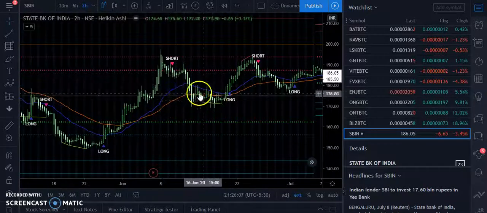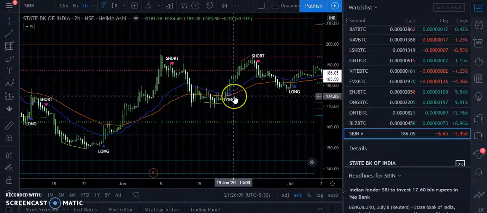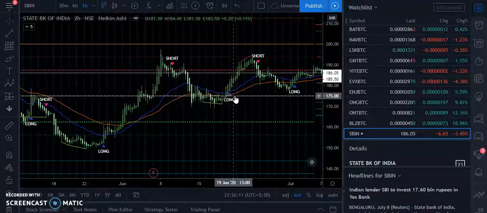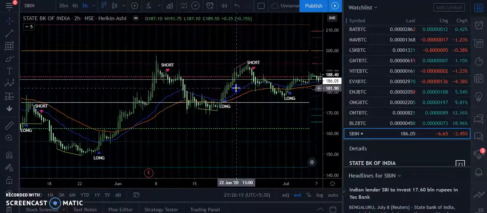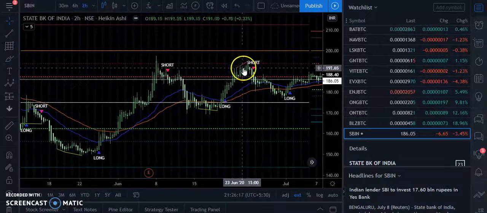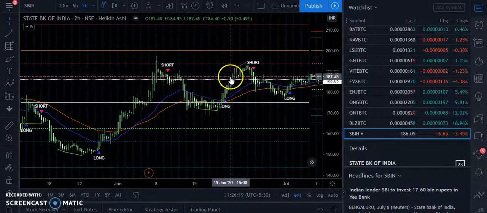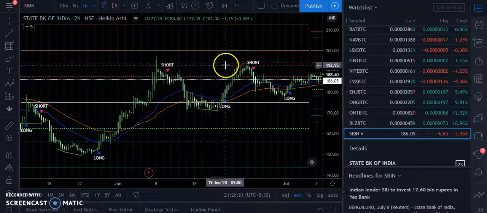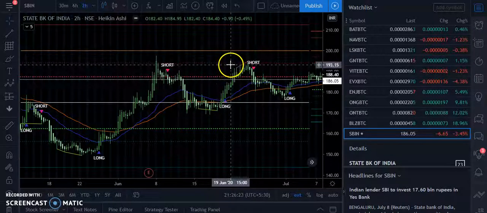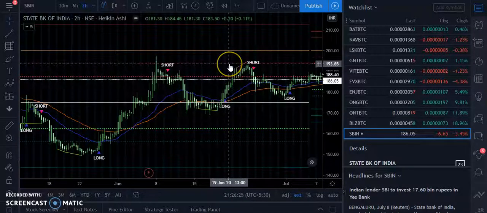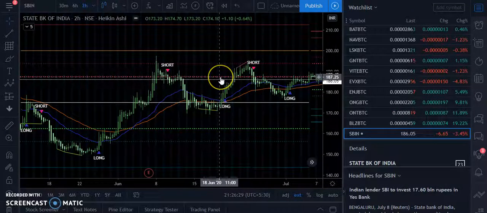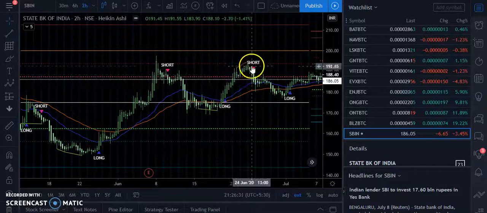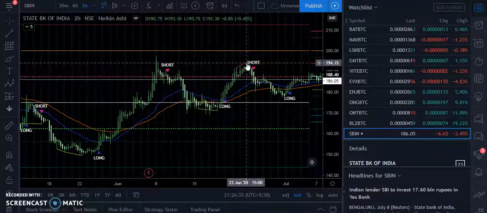Again, this white line, I told you, acts as a very strong support line. You got a long signal here. So you should immediately go for a long position and keep your take profit at this pink line. There's one more pink line, but it's faded. That means this particular resistance will not act as strong as this resistance, but the price went and it reversed from here.